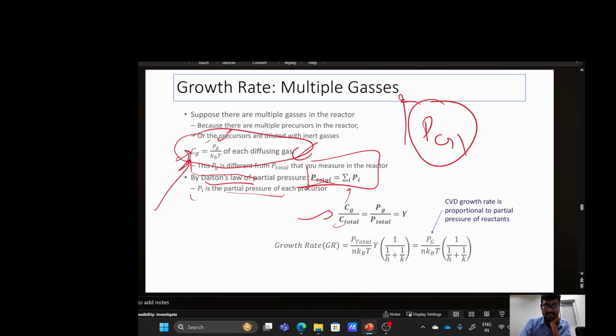Cg by C total is given by Pg by P total, which is equal to Y. From here the growth rate is given by P total into Y. By rearranging these things, if you put all of this here and rearrange, you will find the growth rate.